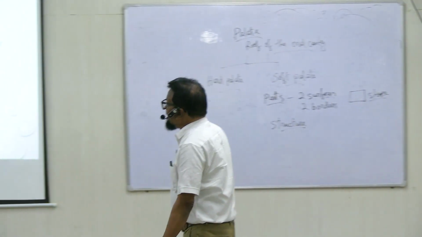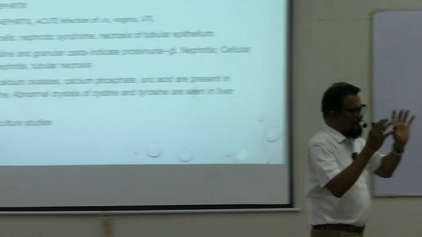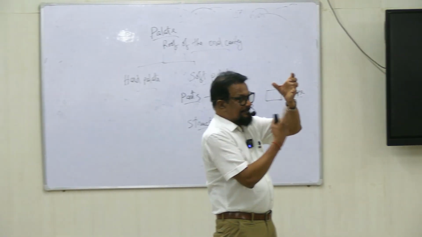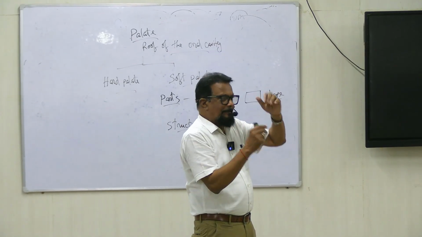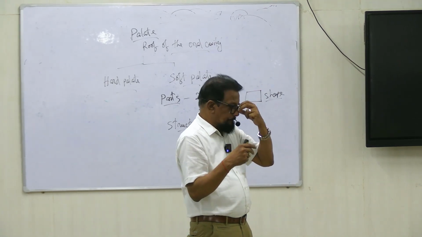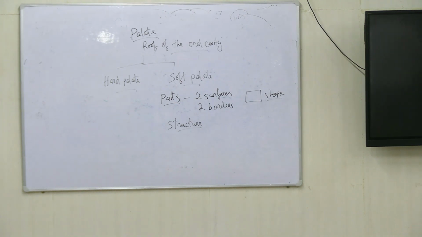Other than this, epithelial cells. Normally there are epithelial cells of the renal tubule, the inner epithelial cells. These epithelial cells are not permanent. As we have seen in apoptosis, they are constantly replaced.